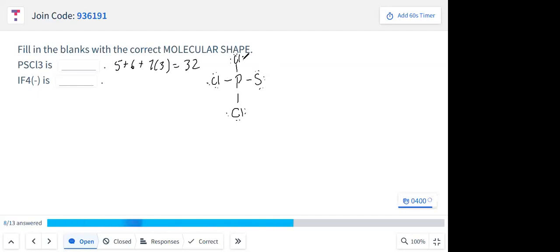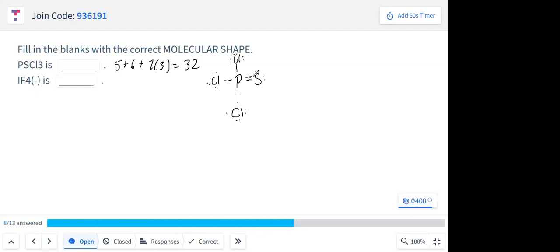Now, from a formal charge standpoint, this is not the best structure because I have a positive on the phosphorus and a negative on the sulfur. To fix that formal charge, the best way to do it is to add a double bond there. Yes, it breaks the octet for the phosphorus, but it zeroes out the formal charge in the process.